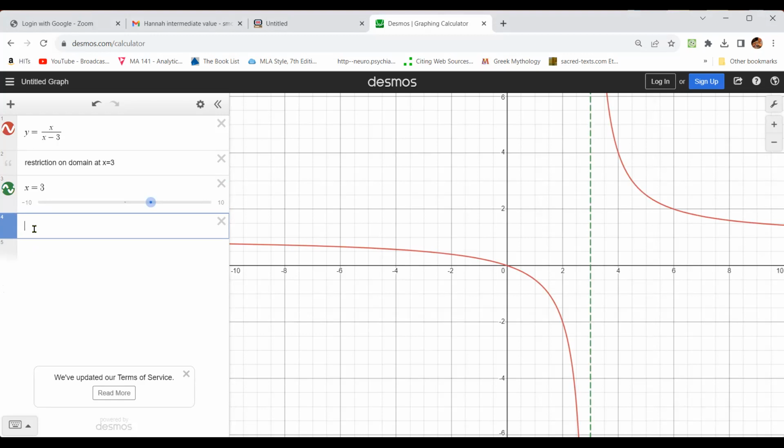Okay, the interval that we're given is the interval from -2 to 2.